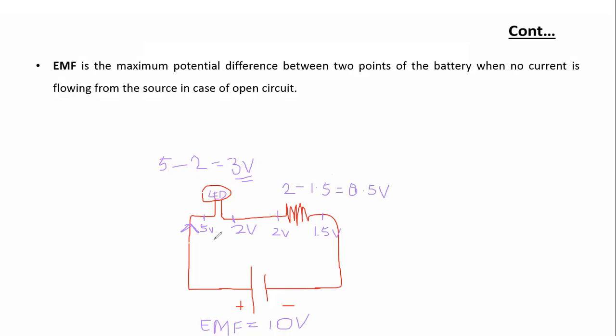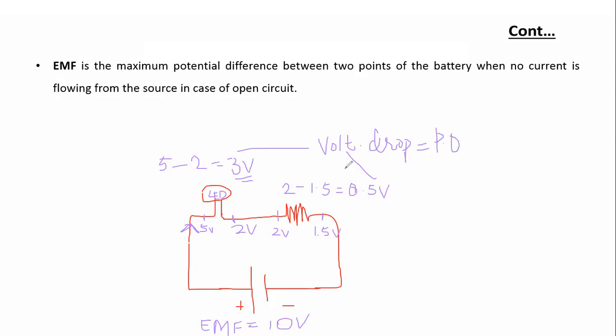So it depends upon the load how much voltage drop is occurring at each particular level, which is known as your voltage drop, and the voltage drop is also known as your potential difference, that is PD.